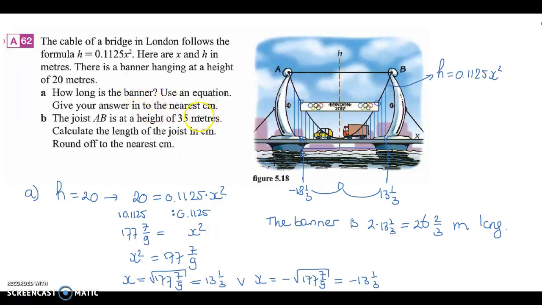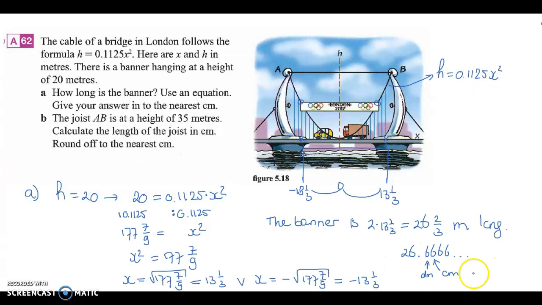Then back to the question. They're asking us to answer to the nearest centimeter. Well, this is given in meters. Basically, that's 26.6666 and so on in meters. Then this will be the decimeter and this will be the centimeter. When they ask to give our answer to the nearest centimeter, that means in this case we have to round to 2 digits behind the decimal point.